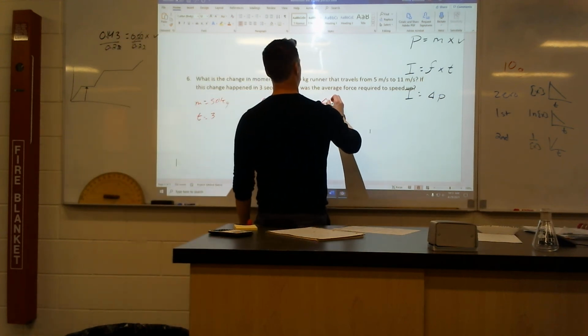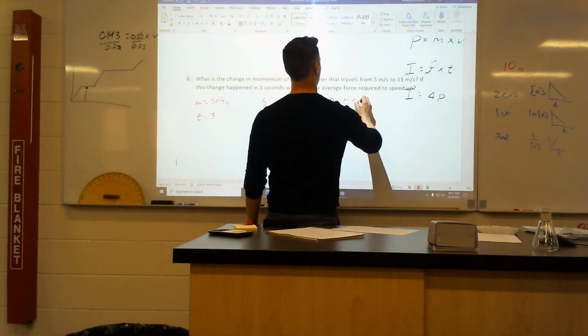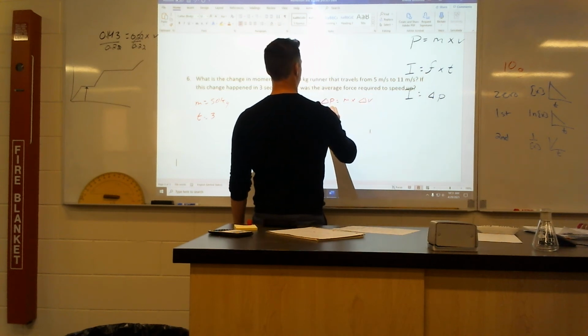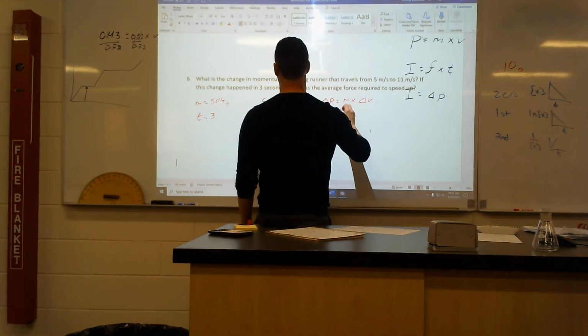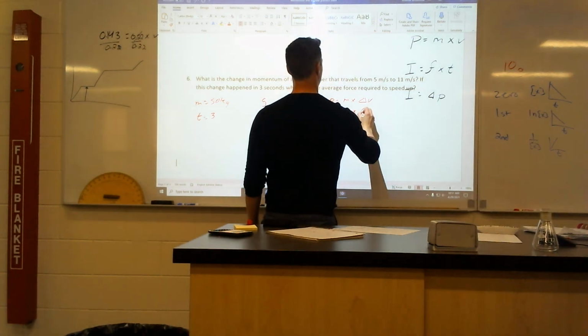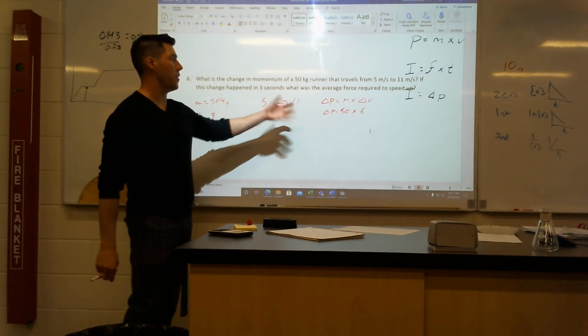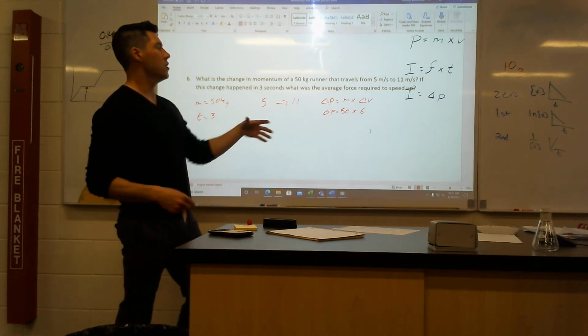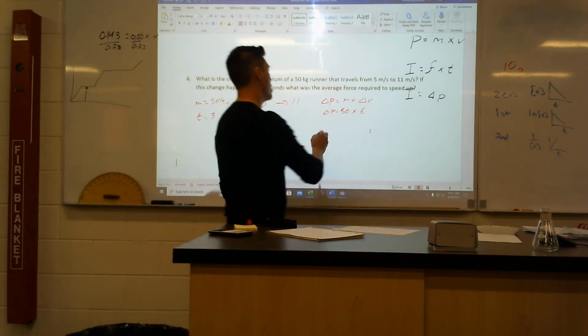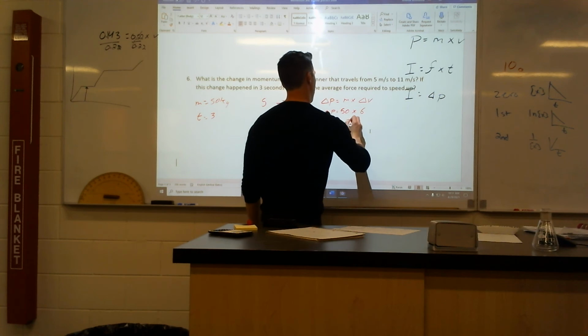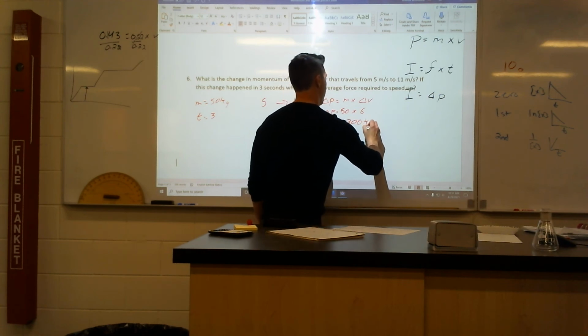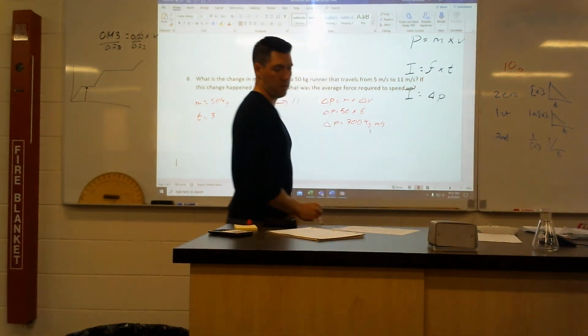My change in momentum equals mass times change in velocity, so it's going to be 50 times 6. If you wanted to find the before and after and then subtract the two momentums, you'll get the same answer. My change in momentum equals 300 kilograms meters per second.